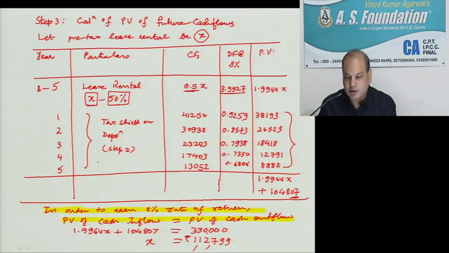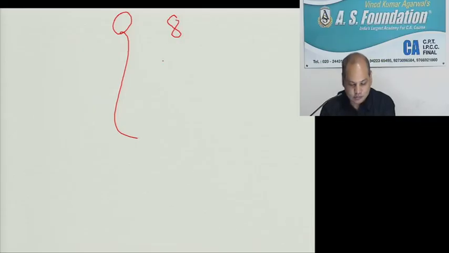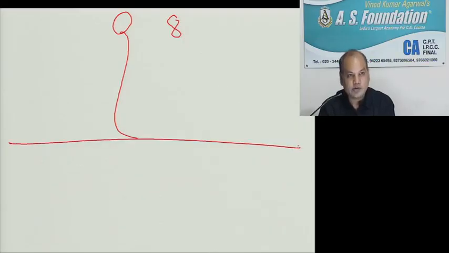Okay, now question number 8. A request has been received by AS Finance Limited, who are engaged in leasing business, for structuring a lease of a machine costing rupees 30 lakh.